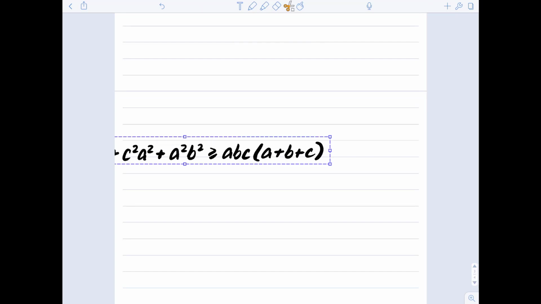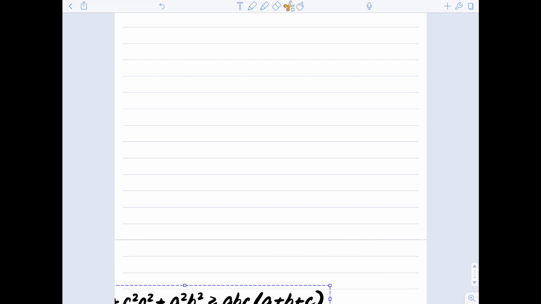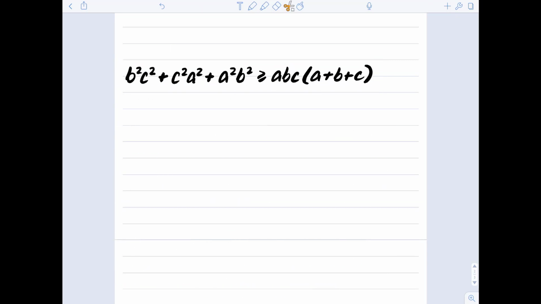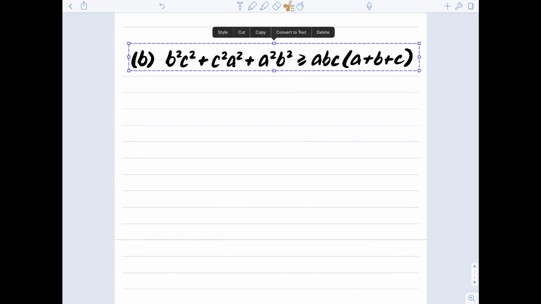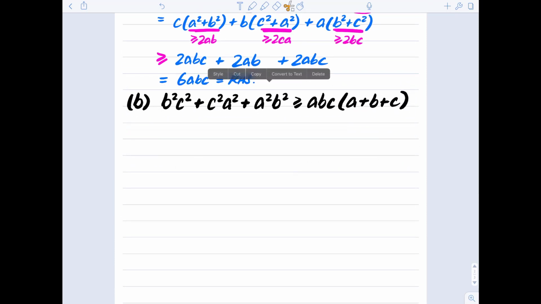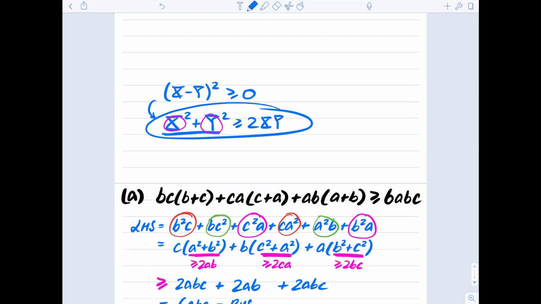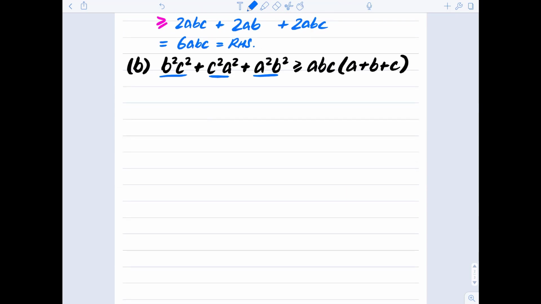Okay, we have something that looks like square, square, square. They're already squares, so it looks like I can apply Cauchy's immediately, except there's 3 of them, and that's not an even number.